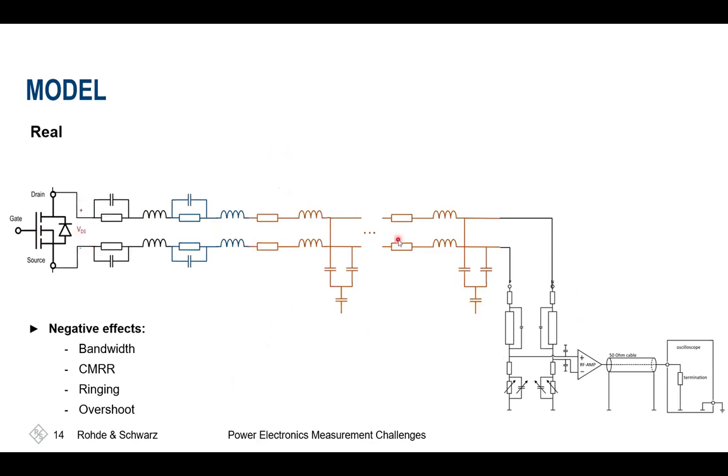If we consider all these, this will have negative effects on the effective bandwidth. So even though the probe might have 100, 200, 400, 500 megahertz, doesn't matter, the overall circuitry defines the effective lowest frequency usable there, and this will then immediately be seen by additional ringing, changed overshoots, and of course a reduced common mode rejection ratio.